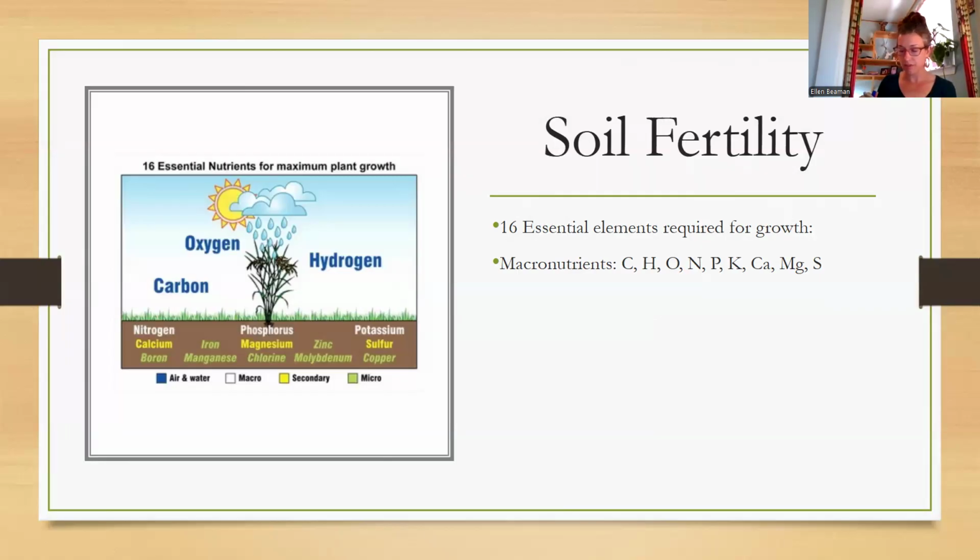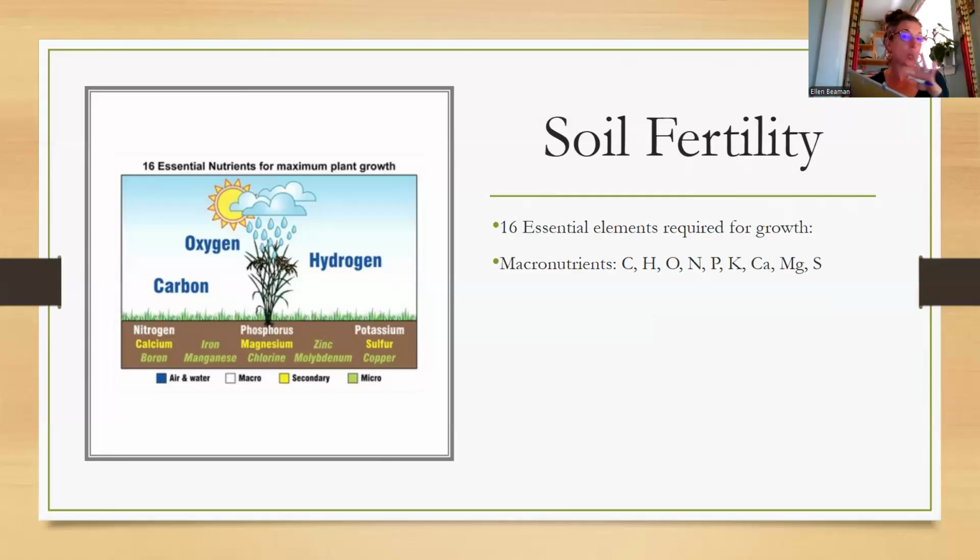So you will see something like this. If you get a fish emulsion, something real nice and light and water-based, it could be a 1-1-1. It might be a 5-1-1. So that has more nitrogen. It's 5 parts nitrogen, 1 part phosphorus, and 1 part potassium.